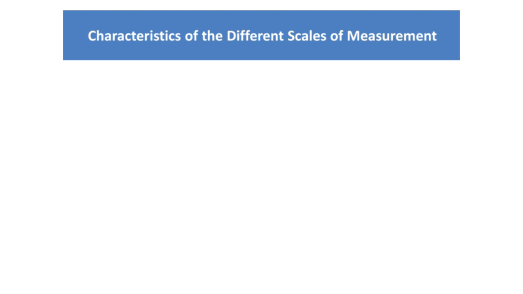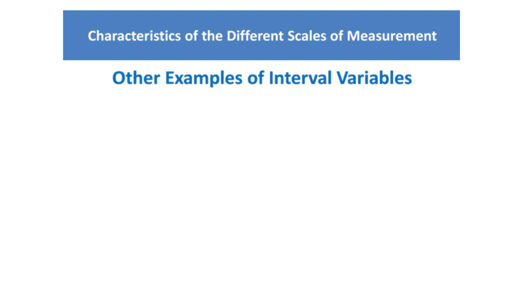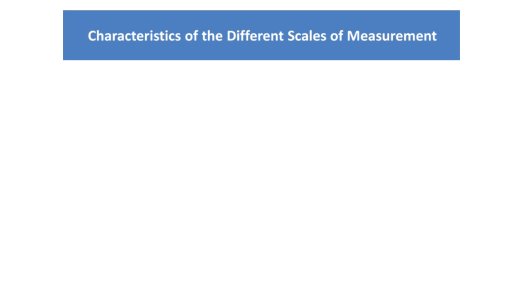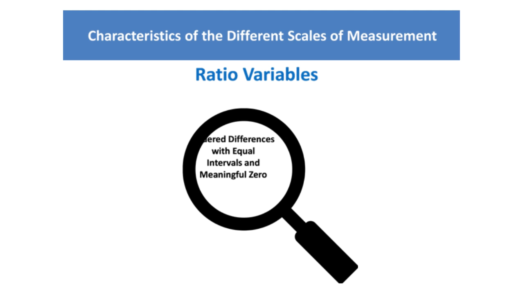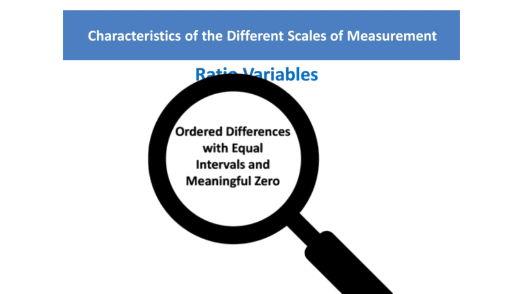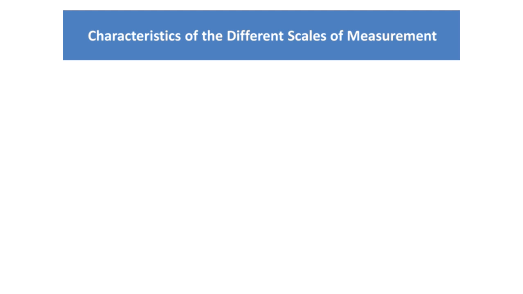Some other examples of interval variables include IQ scores and SAT scores. For each of these interval variables, the distance between pairs of consecutive numbers is assumed to be equal, but they do not have a meaningful zero point. The fourth and final level of measurement is ratio. It has all the characteristics of interval data plus a meaningful zero point. A good example of ratio level data is age.